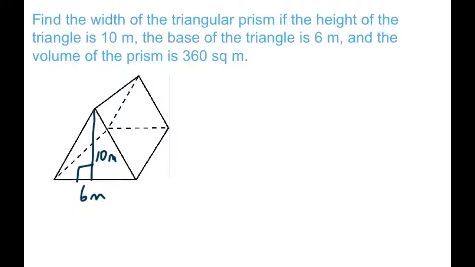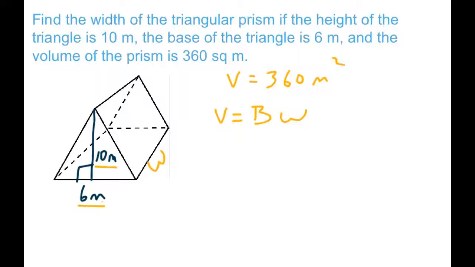All right, same idea here. We want to find the width of the triangular prism. That's right here. If the height of the triangle, remember this is the height of the triangle now, 10 meters, and the base of the triangle is 6 meters, and the volume, 360 square meters. Right, so our formula, volume equals big B, area of the base, times the width.